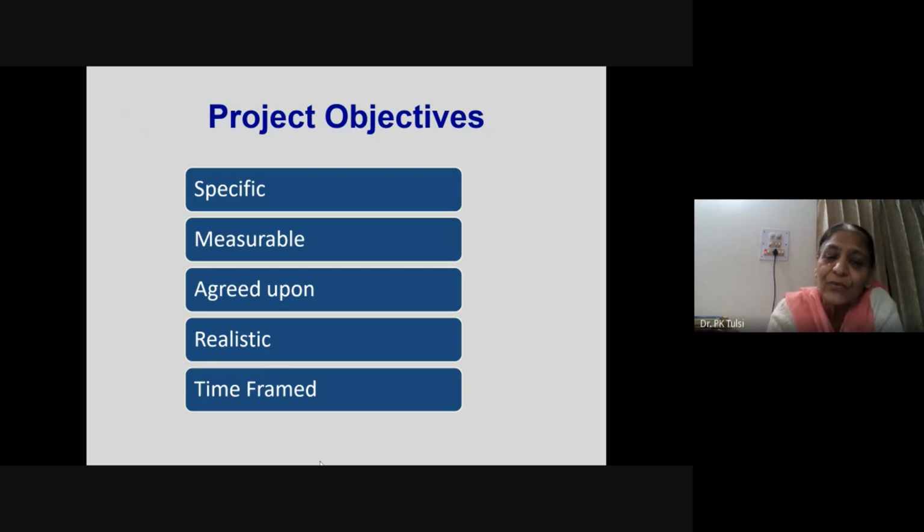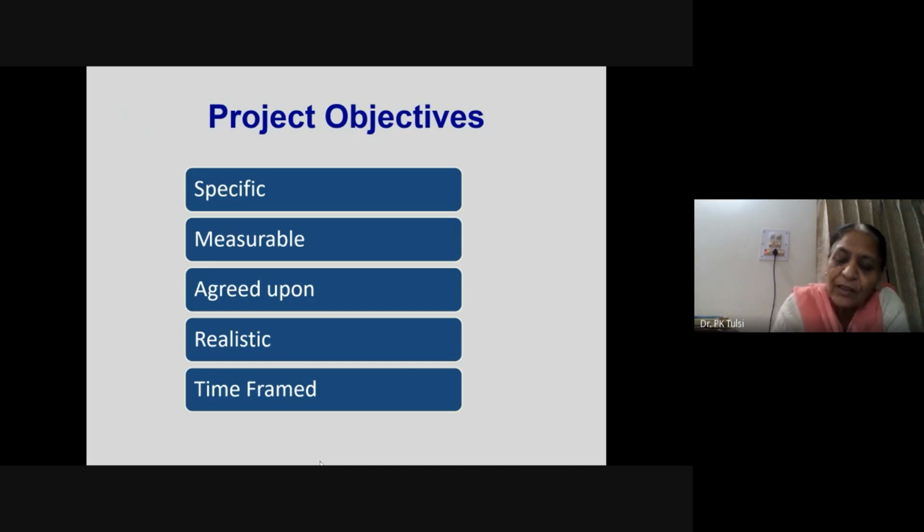These objectives are agreed upon by the project team and the management, so there is total agreement with respect to the project objectives. They are realistic to the context, achievable and attainable. And they are time-framed, because each project has a start time and an end time.